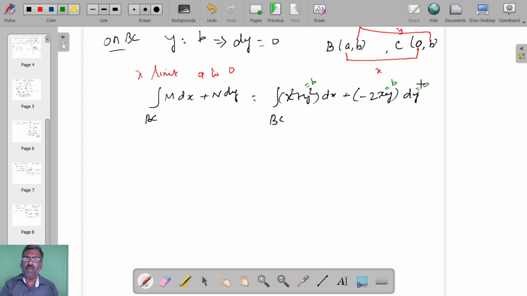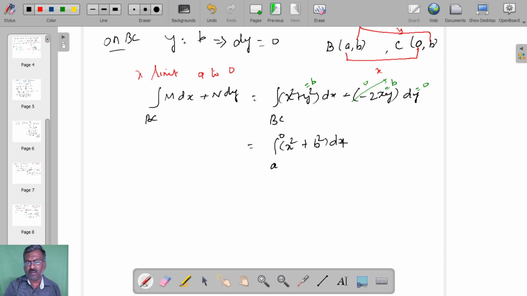So the second term is fully cancelled. Write the remaining one here, with the limit a to 0: x squared plus b squared into dx. The remaining terms are 0.